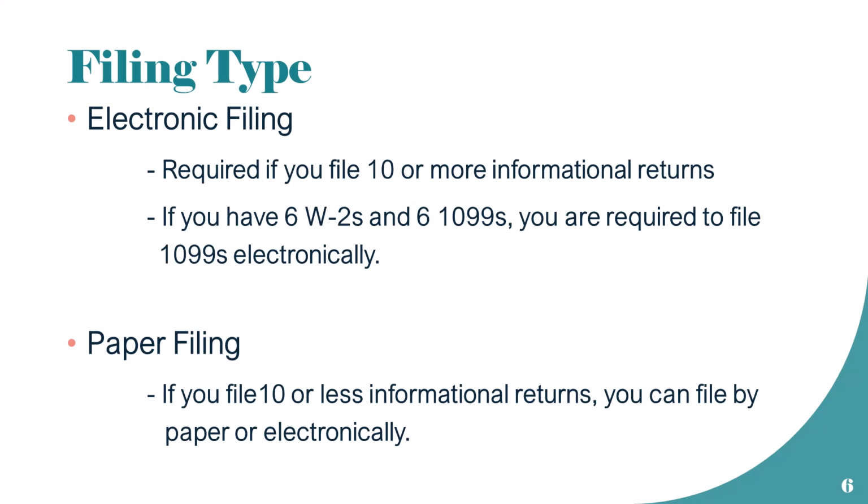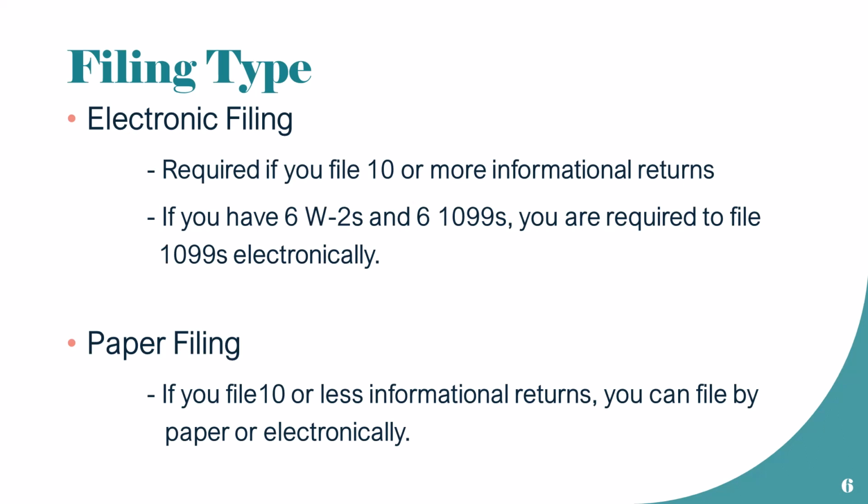If you have fewer than 10 informational returns, then you can file by paper if you wish. So I'm thinking the IRS is tired of dealing with paper, and so they are making businesses and organizations file these 1099s electronically, because before the cutoff was 250 informational returns and now it's 10.